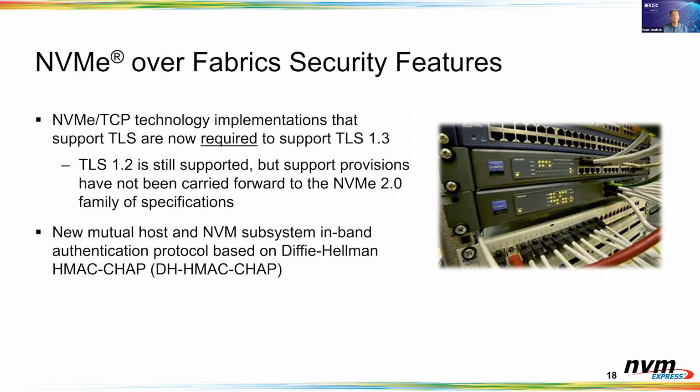For this reason, we're moving NVMe to TLS 1.3. Starting with NVMe 2.0, all NVMe over TCP implementations that implement TLS are now required to support TLS 1.3. NVMe 2.0 still allows TLS 1.2 as legacy, but everyone is strongly encouraged to move to TLS 1.3.